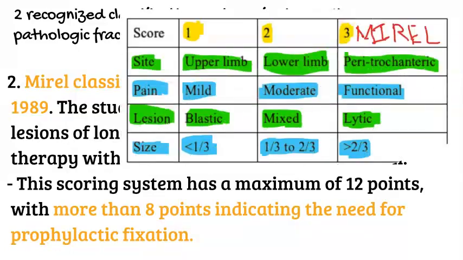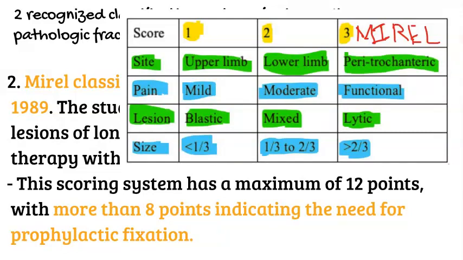This figure illustrates the Mirel scoring system. For site, 1 point is for upper limb, 2 points for lower limb, and 3 points for the peritrochanteric region. Mild pain is 1, moderate pain is 2, and functional or severe pain is 3 points.